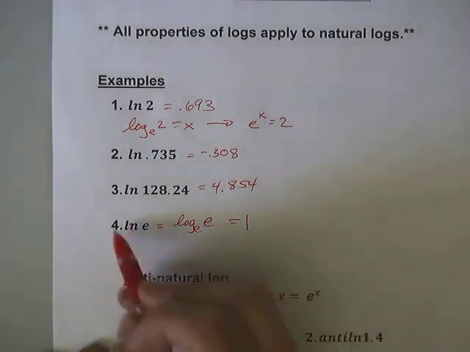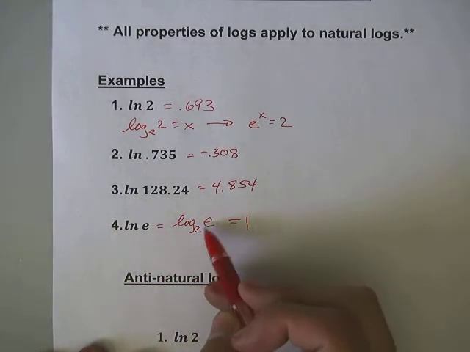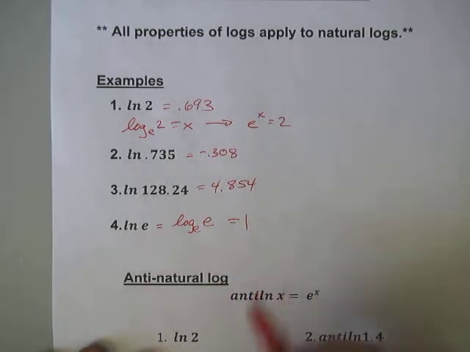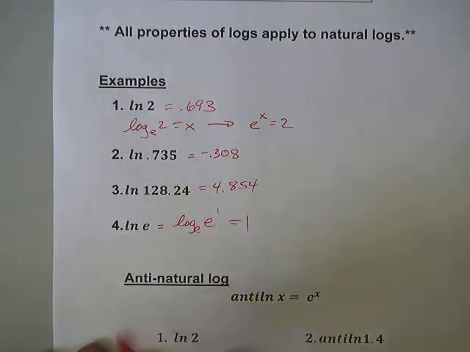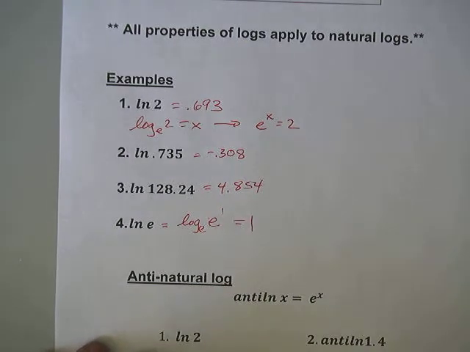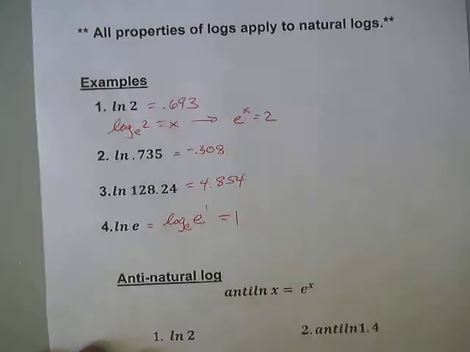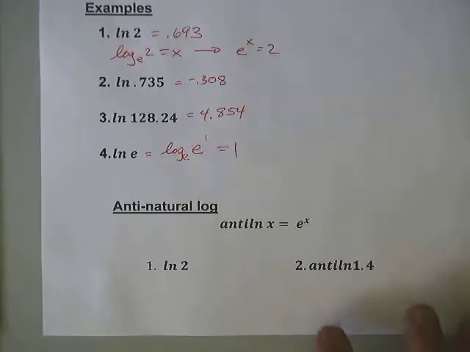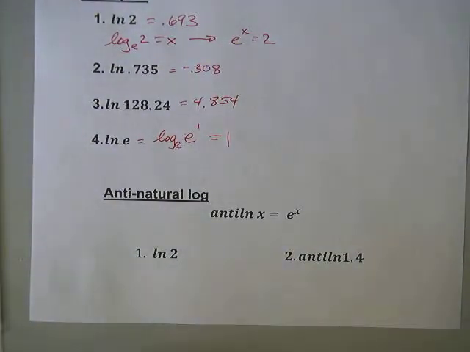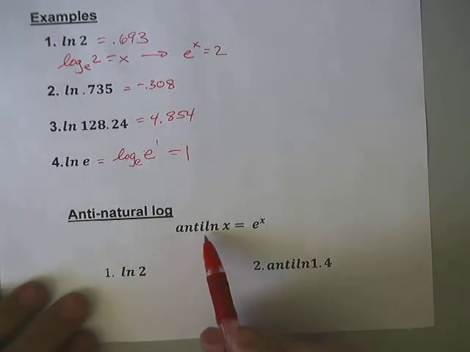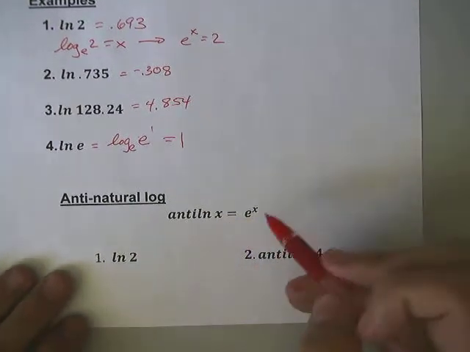Let's type that in. Natural log of e, I need to know what power, so it's to the first power, equals 1. Natural log of e simply means log base e of e, which, remember, that property says if these are the same, it's equal to the exponent, so it's to the first, or it equals 1. Simple enough.